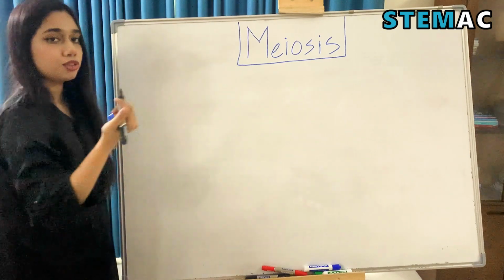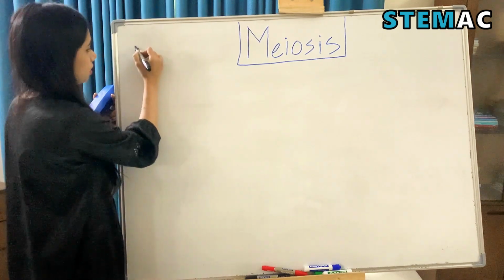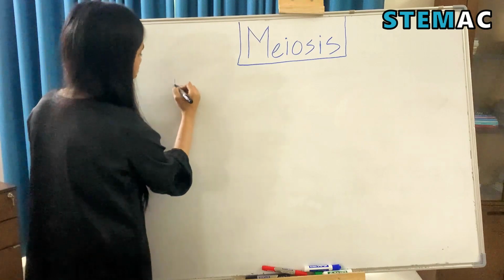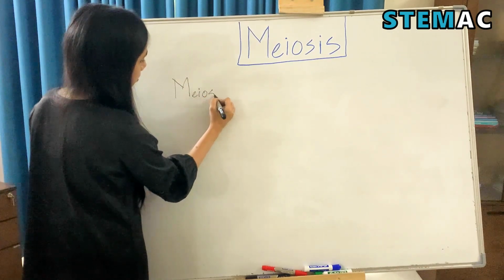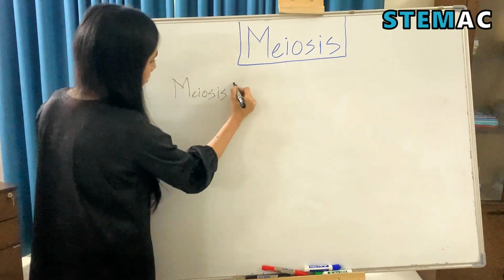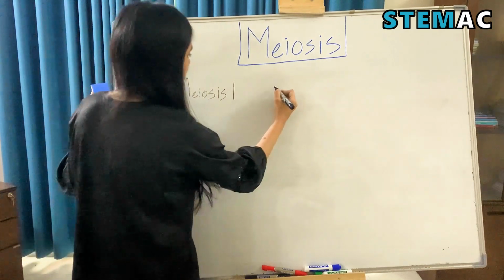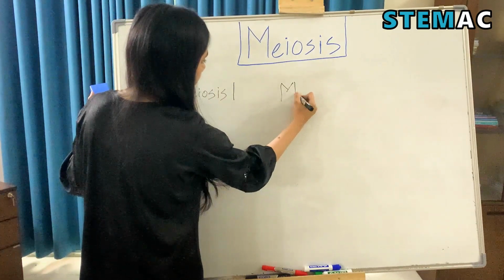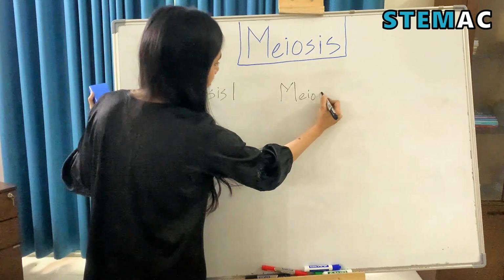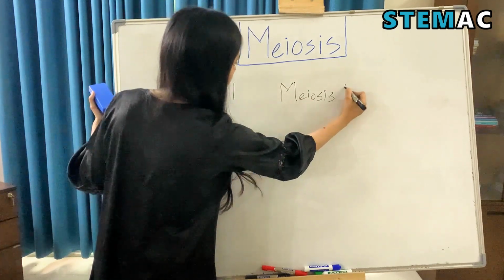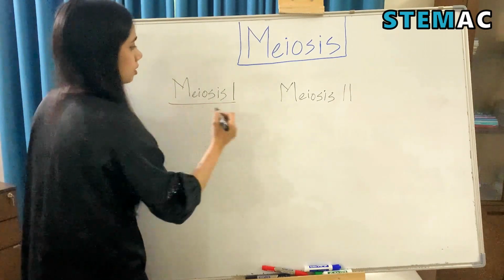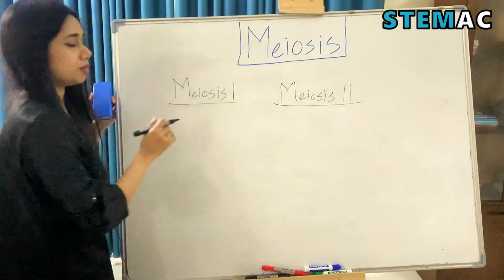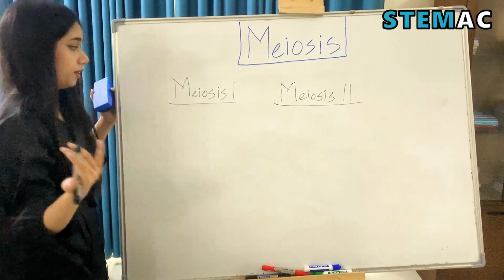usually divided into two stages, which are meiosis 1 and meiosis 2. Each stage is subdivided into 4 phases.